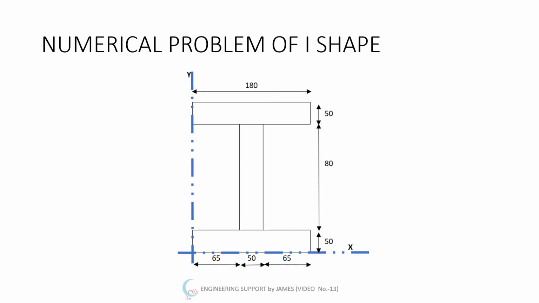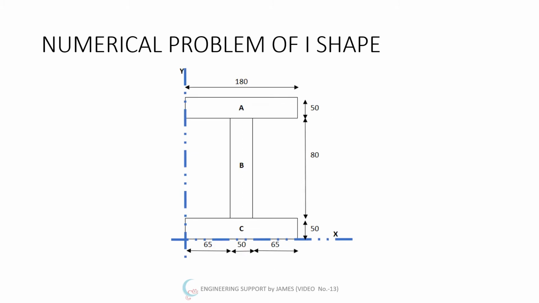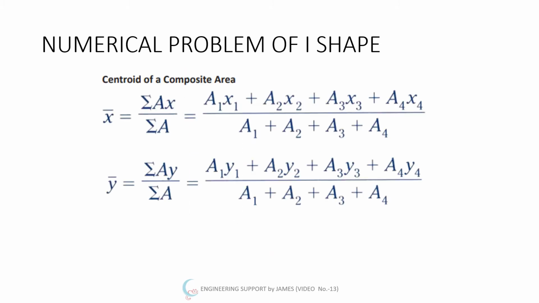But we will solve this by our regular textbook method, which you are going to use in your exam. So we will consider this x bar here and y bar here. Vertical we will consider as y, and horizontal we will consider as x. Okay, so let's start. What is the center of composite area?